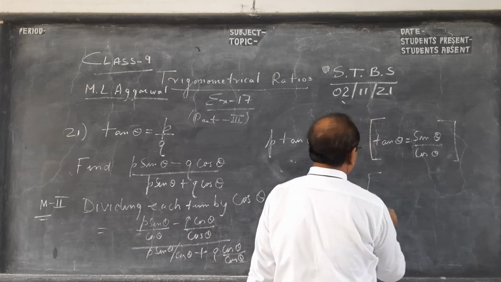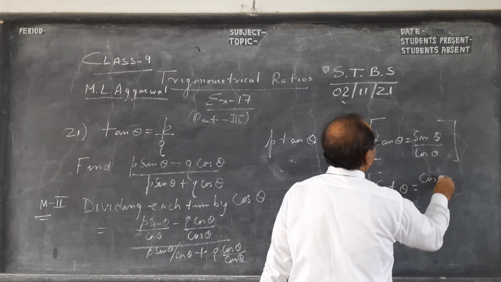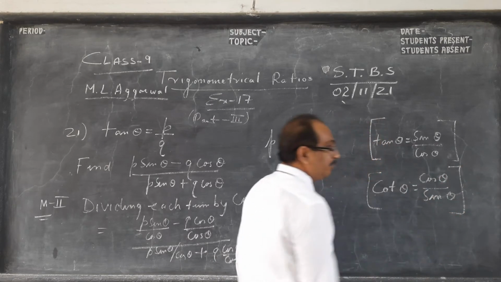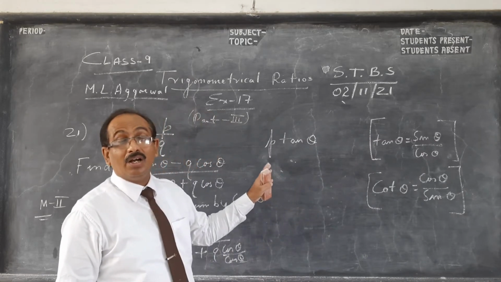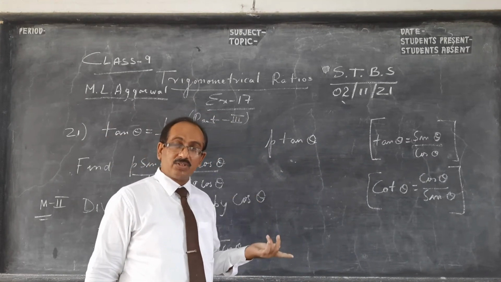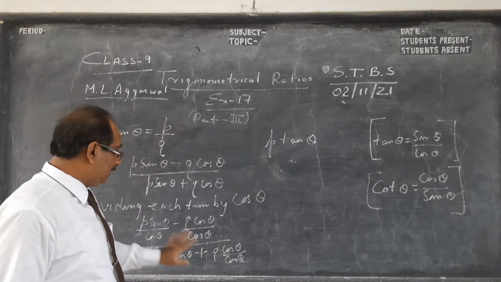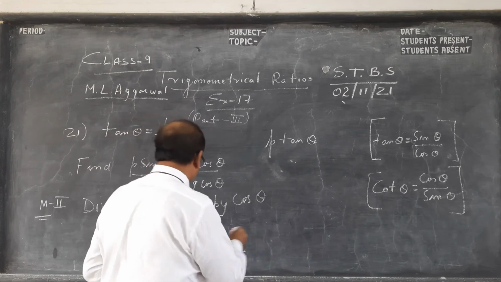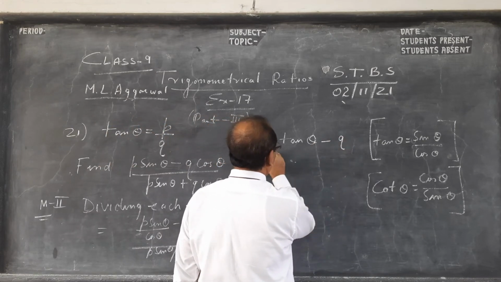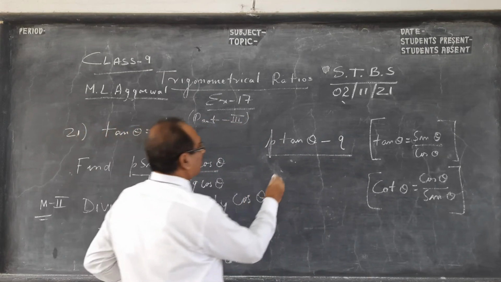Second thing you must remember, cot theta, just the opposite, is cos theta by sin theta. In my other video I was telling you about three identities. Sin square theta plus cos square theta is 1. Like that we have 2 more. So remember this, sin theta by cos theta is tan theta. Cos cancels. This becomes only Q. Again here in the denominator sin by cos becomes tan.